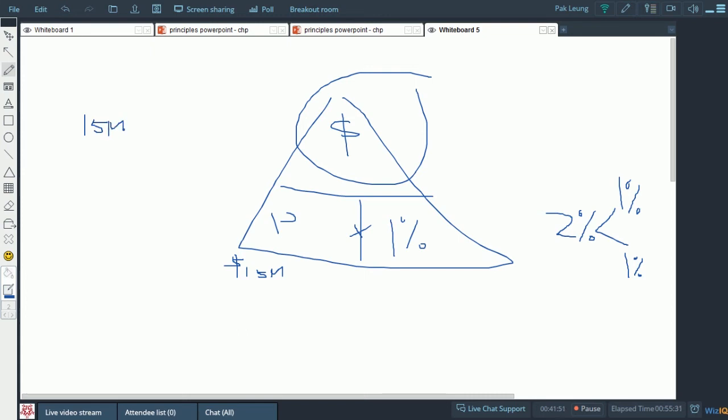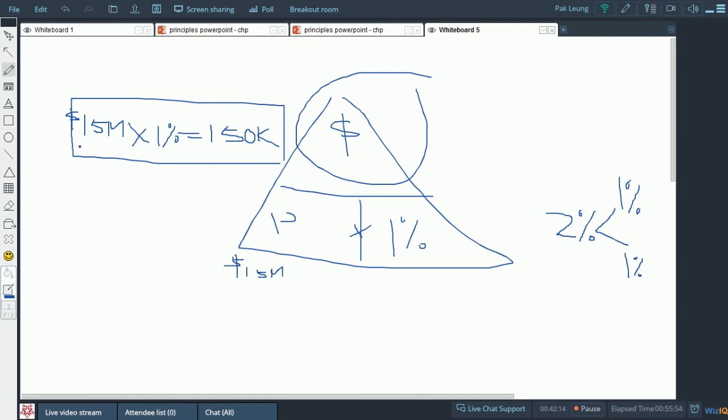So you're getting 1%. How much did you make? So you cover this up. All this is $15 million, times what? 1%. How much is that? Anybody? You are right. $150,000 for one transaction.